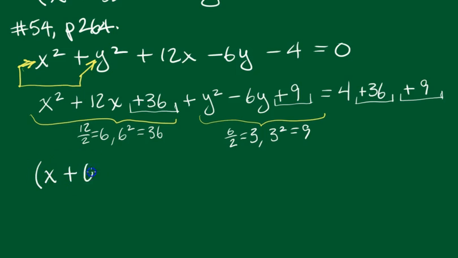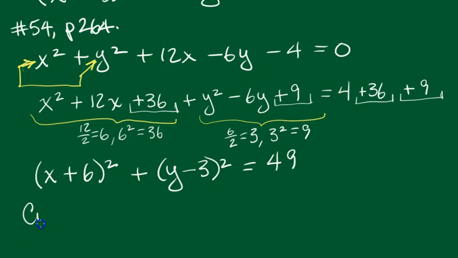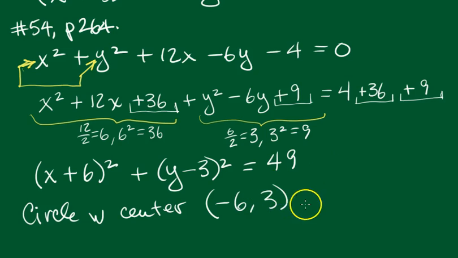So now I have (x minus 6) squared plus (y minus 3) squared is equal to 49. So I have a circle with center 6, 3, and radius 7.